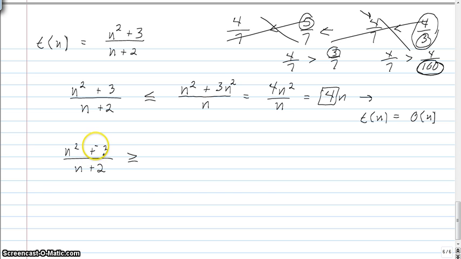I'm going to decrease the value of the numerator by getting rid of that plus 3. And I'm going to increase the value of the denominator. So I'm going to multiply this guy by n. Now, I could have multiplied by n squared. That would have been fine.